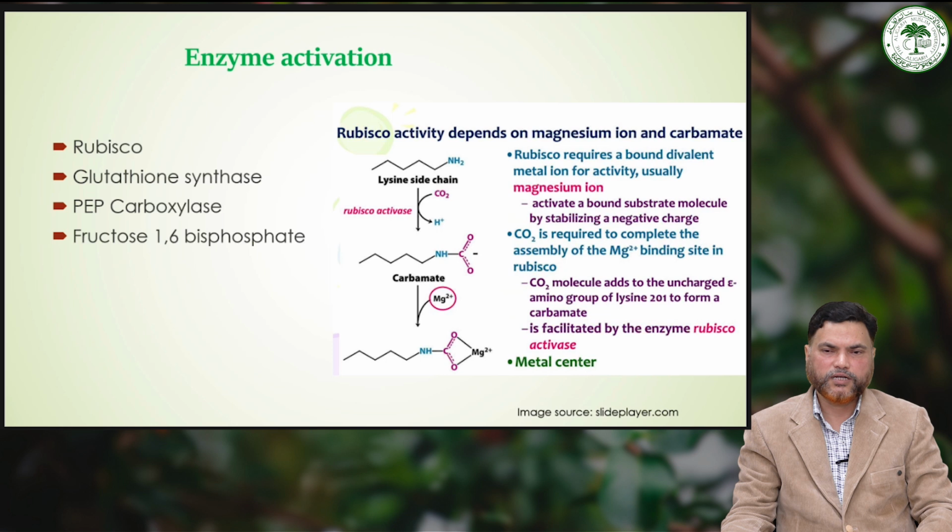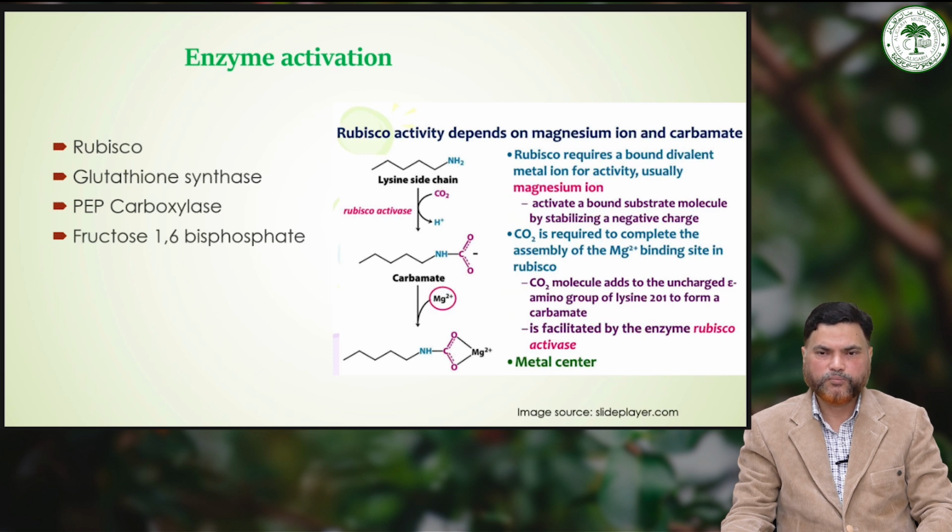Now, another enzyme is glutathione synthetase, which is involved in the synthesis of glutathione, a potent antioxidant and crucial molecule for cellular redox homeostasis. Magnesium serves as a cofactor for glutathione synthase.